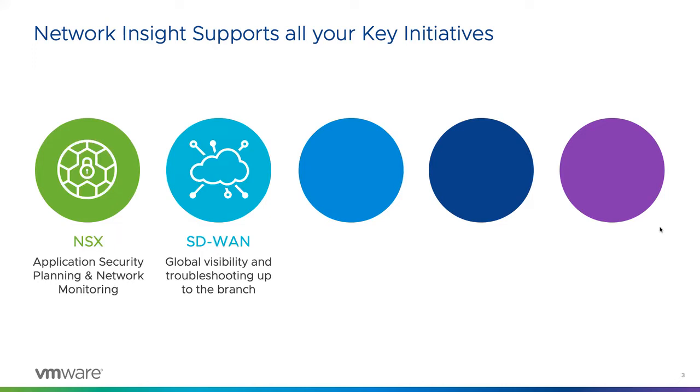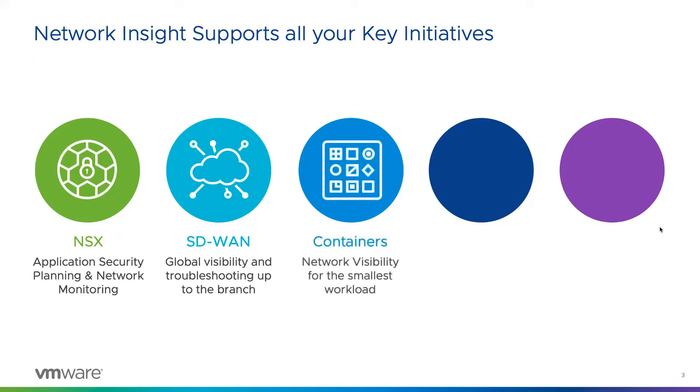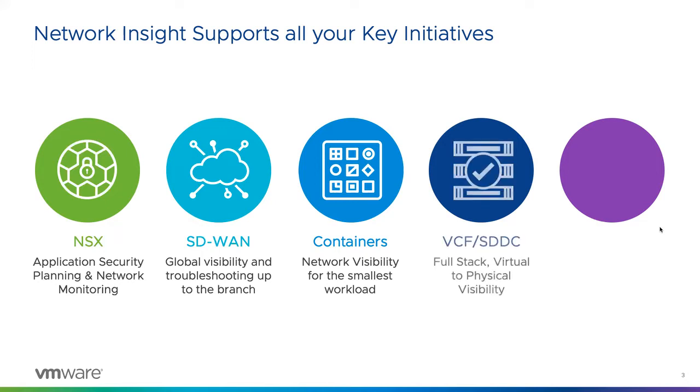One of the things would be VMware SD-WAN by VeloCloud. We've also put in support for containers, giving network visibility all the way down to the services level, whether it's vanilla Kubernetes, PKS, or even OpenShift. Really heavy now is VCF, obviously a big topic: full stack, virtual to physical visibility, utilizing vRealize Network Insight in your VCF environment.